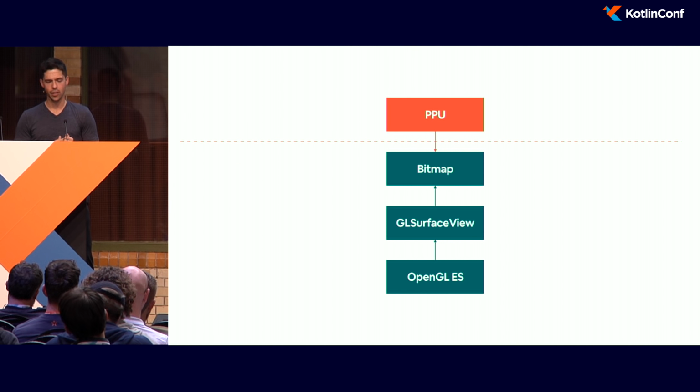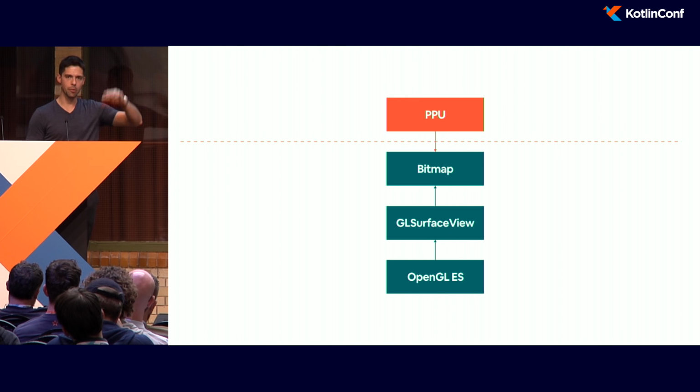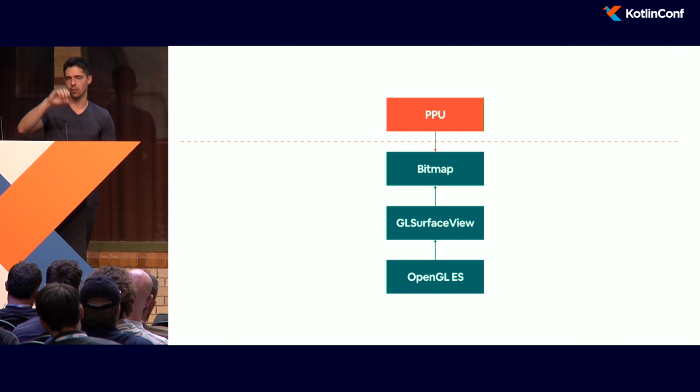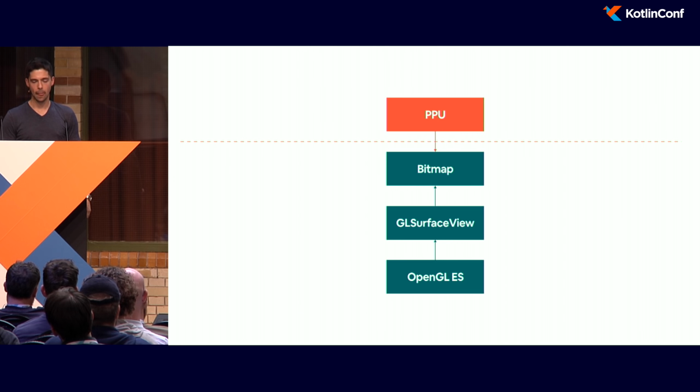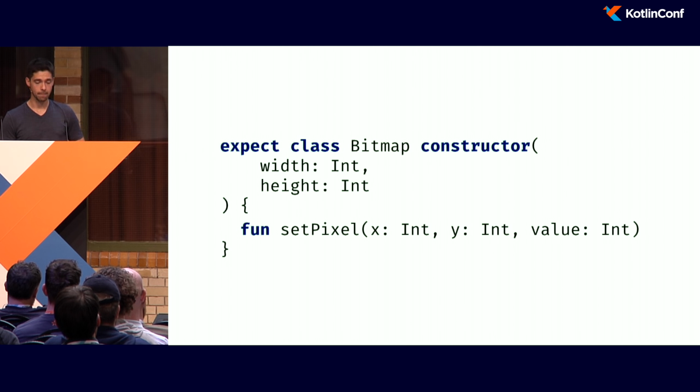My initial thought was to have that all be part of the platform-specific code and just have the PPU be isolated in the common module, right? And then from that point below, it's all Android specific. So it goes to a surface view and then goes to the graphics card. That's how the first iteration looked.